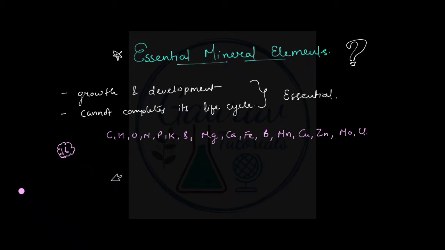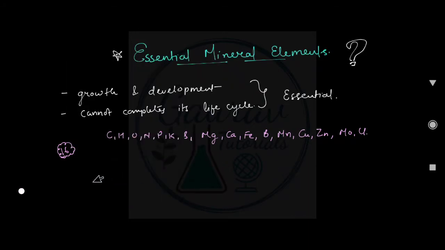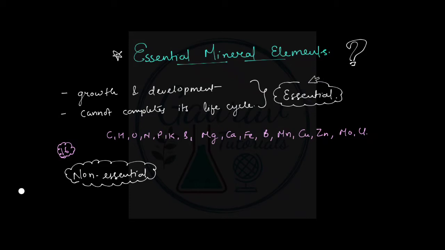Similarly, there is also another group of elements which is referred to as non-essential elements. These are a group of elements which are found inside the plant, but their function is not very well understood. We don't see these elements getting utilized in the components of the plant, but they are present there.